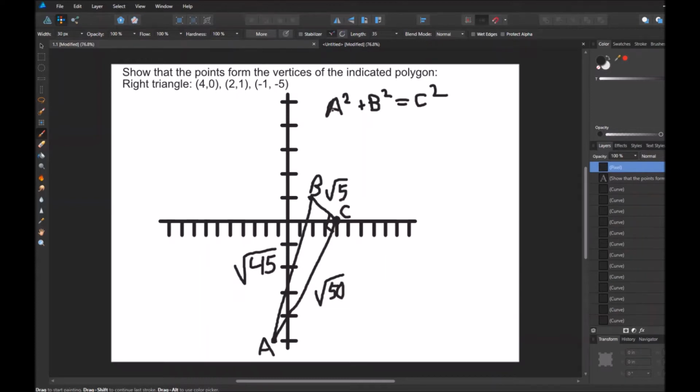So a squared, we'll just call it root 45. So we have root 45 squared plus b squared, which is root 5 squared, and then c squared, which is root 50 squared.